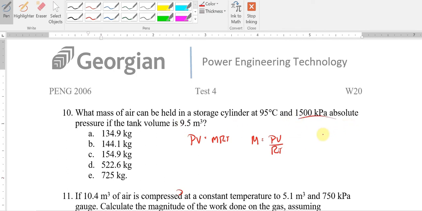This is absolute, so we don't have to change that. So that's 1500. Volume is 9.5, 0.287, and 95 plus 273. Everything has to be absolute. It's a perfect gas calculation. So we do that, we get 134.9 kilograms.